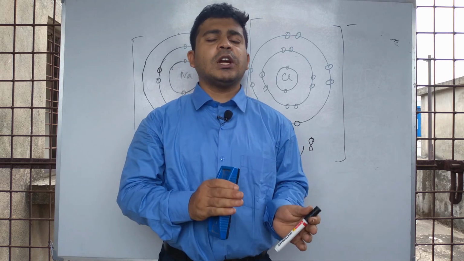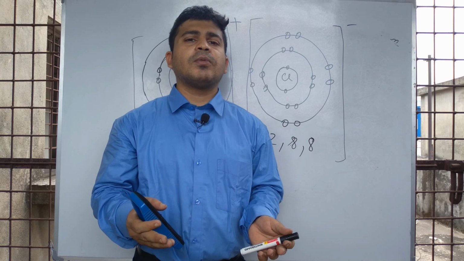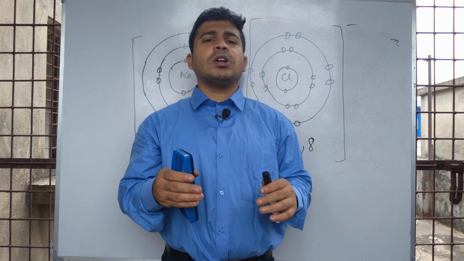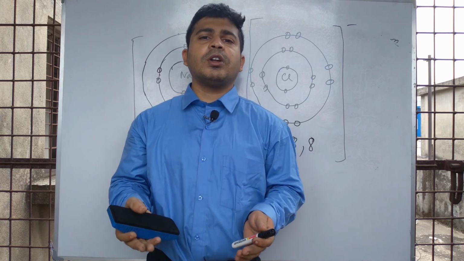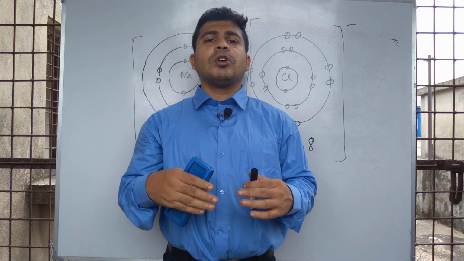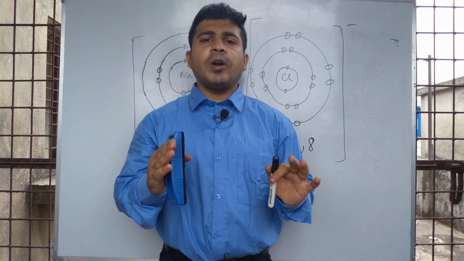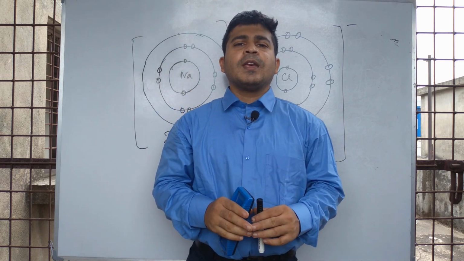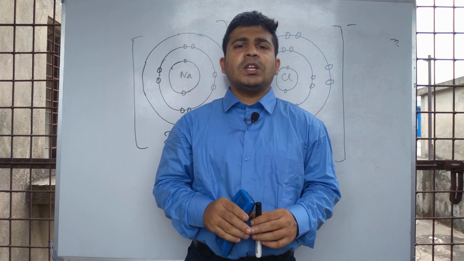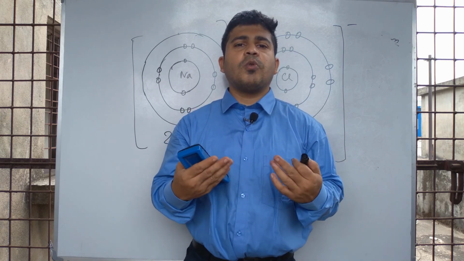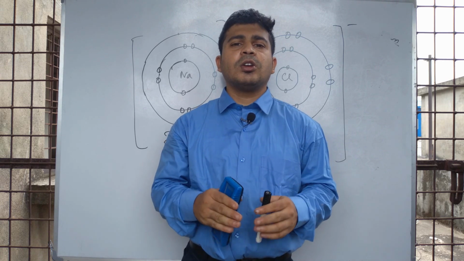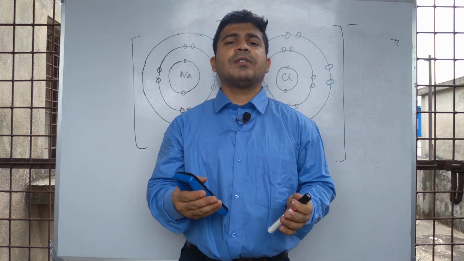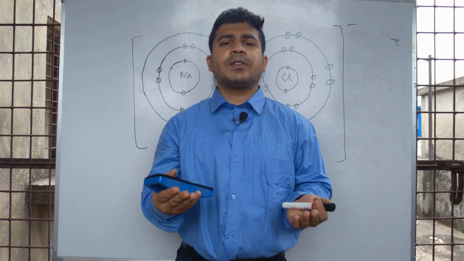Metal should have low electron affinity, non-metal should have high electron affinity, and metal should be electropositive and non-metal should be electronegative. These are the main conditions required for the formation of ionic compounds. And I think I discussed the main factor for ionic bonding formation, and this is the topic I discussed.